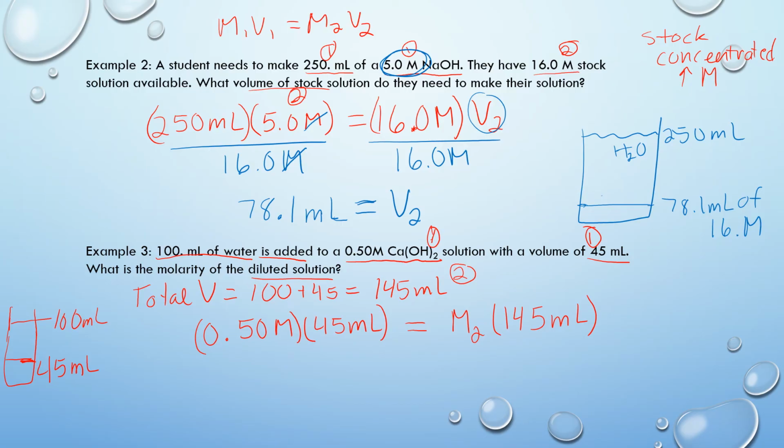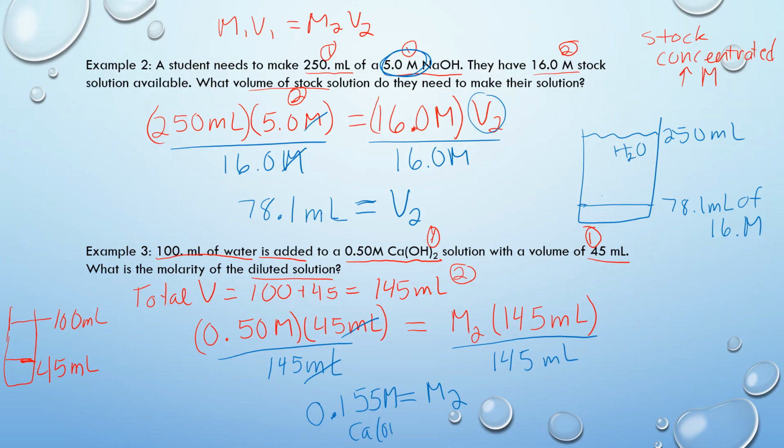Again, we want to isolate M2, so we're going to divide by 145 milliliters on both sides. We can see our milliliters will cancel. And we can calculate 0.5 times 45 divided by 145 would give us 0.155 molar solution. And this is calcium hydroxide.